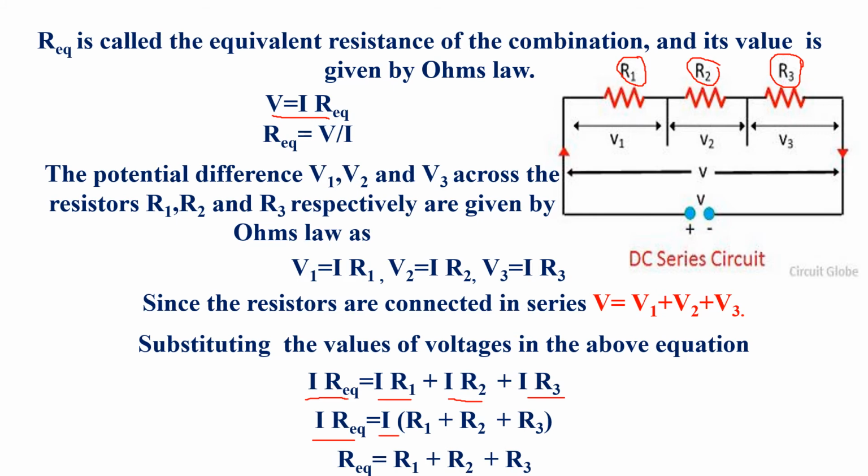And here this I and this I get cancelled, and Req is remaining. Req is equal to R1 plus R2 plus R3. So the equivalent resistance value is R1 plus R2 plus R3. Do you understand? This is according to Ohm's law. Thank you. Now let us go further.